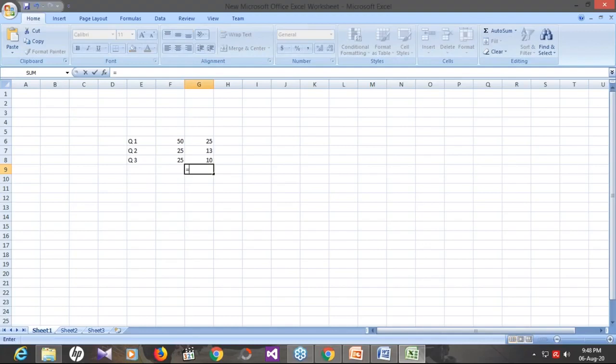For example, we apply the formula sum of these. So you are failed at 48. But if you get 30 marks in question number 1, 18 marks in question number 2 and 10 marks in question number 3, if we apply the same formula, you will get 58 marks.